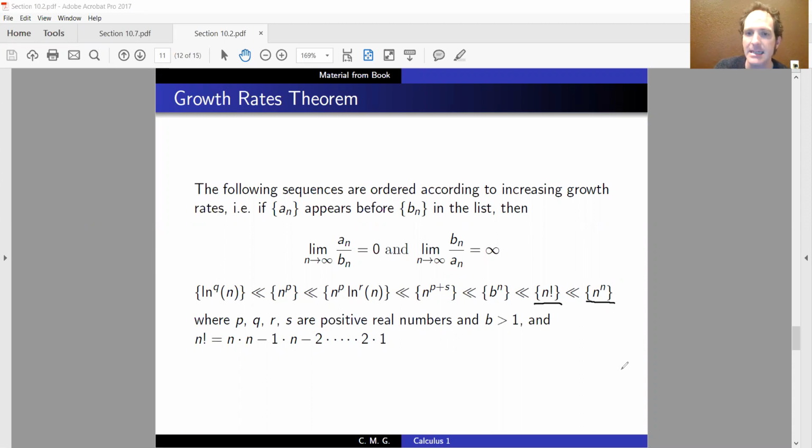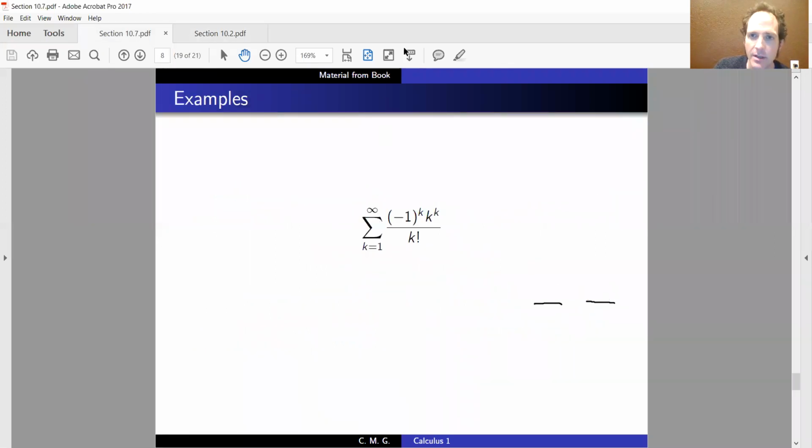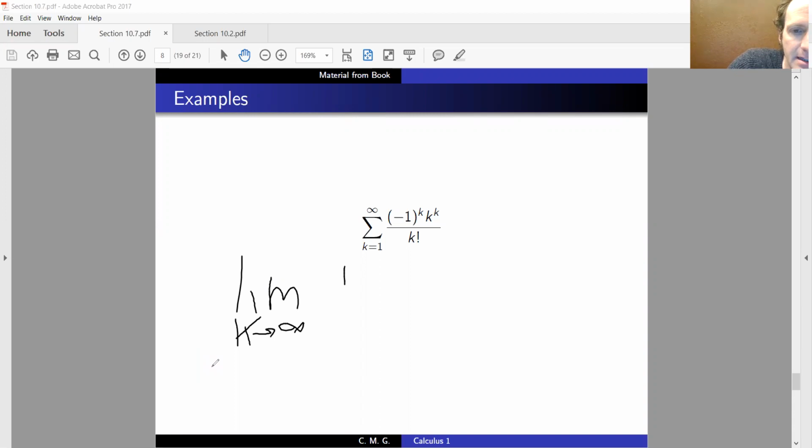So what that means is that the k to the k over k factorial in the limit as k goes to infinity will be infinity. So here, the limit as k goes to infinity of k to the k over k factorial is infinity.